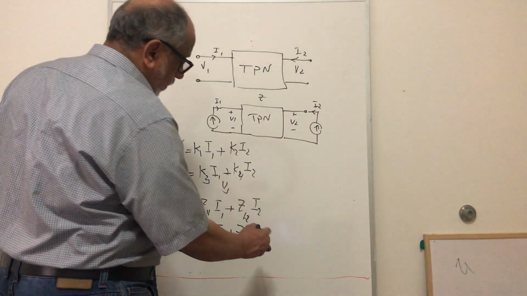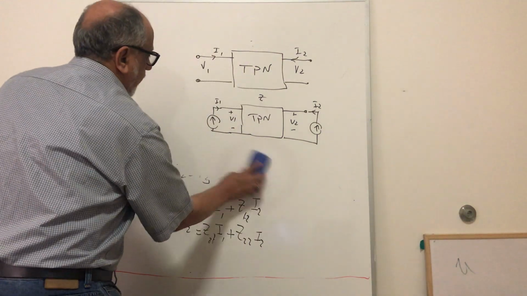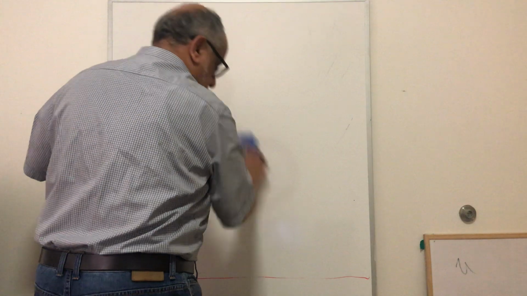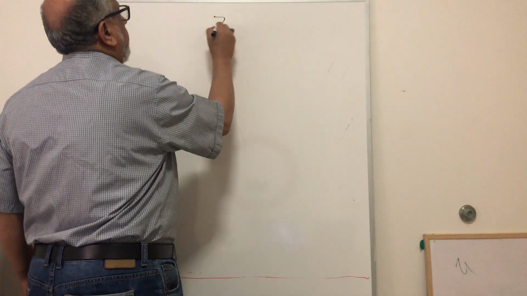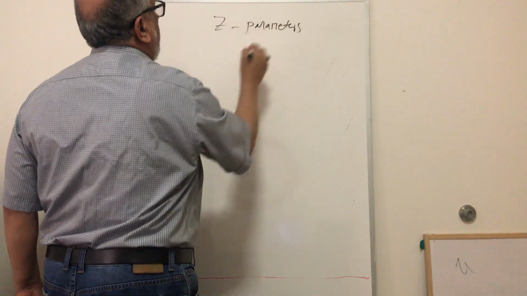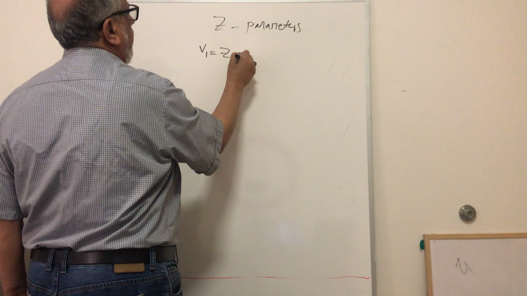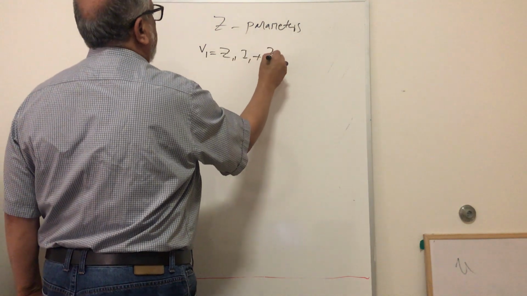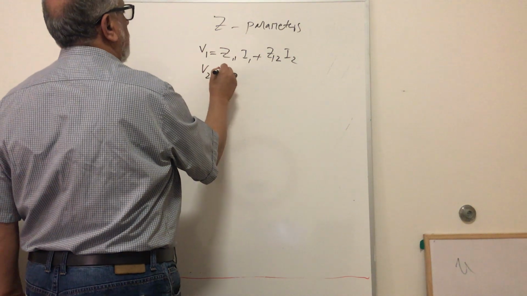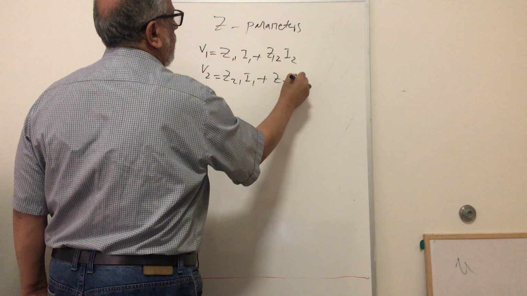Now let's rewrite the equations again. These are the Z parameters. V1 equals Z11 I1 plus Z12 I2, and V2 equals Z21 I1 plus Z22 I2.